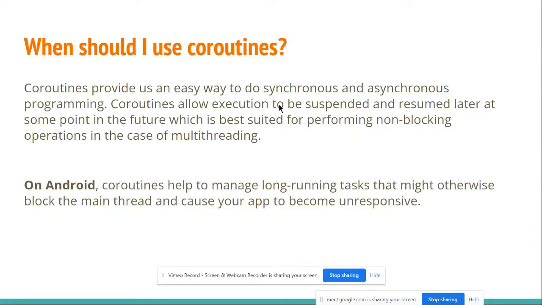Earlier we were using things like HTTP requests, which was a basic kind of structure. There was a lot of boilerplate code. We had to write so many lines to perform that.